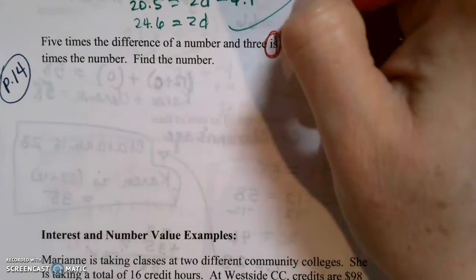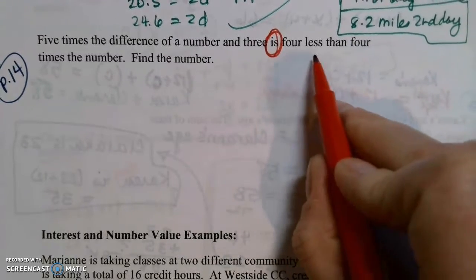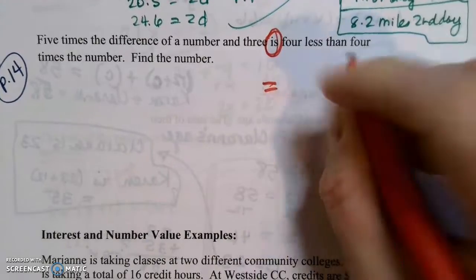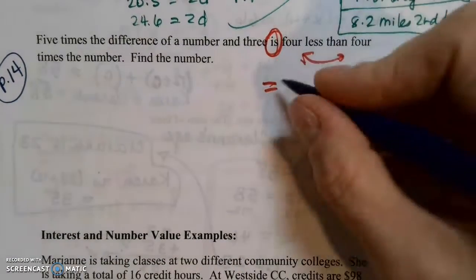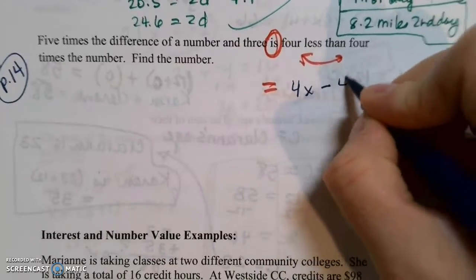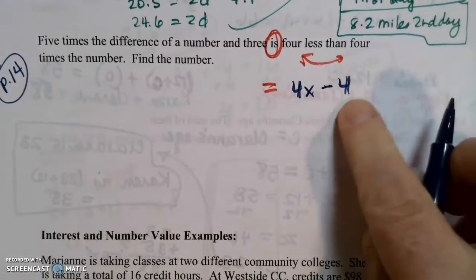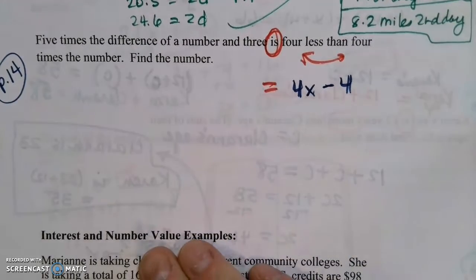Okay, so first of all, find my equal sign. Okay, so one side of it is going to be 4 less than 4 times the number. So remember, that's going to be the subtraction where we flip-flop order. So we're going to want to say 4x minus 4. 4 less, 4 fewer than 4x, 4 times the number.